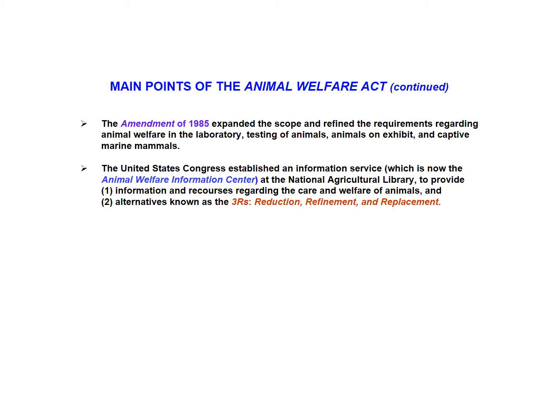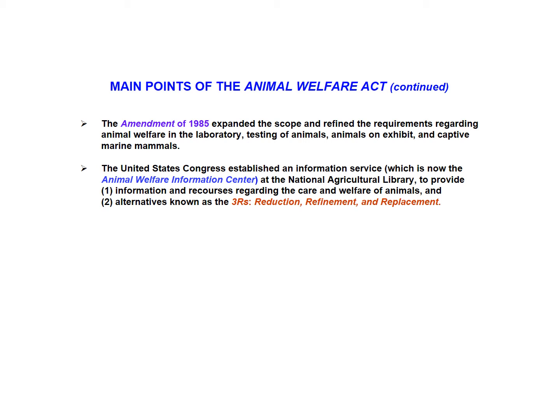This particular center provides information and resources regarding the care and welfare of animals, and is also providing information and resources for alternatives. Those alternatives are now known as the 3 R's: reduction, refinement, and replacement.